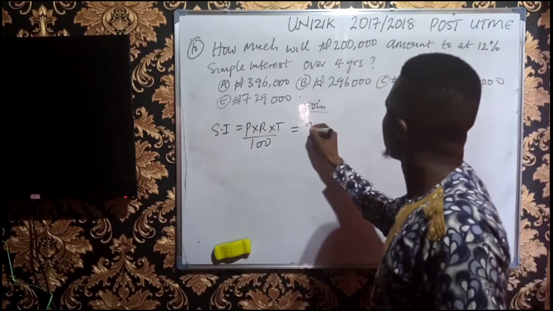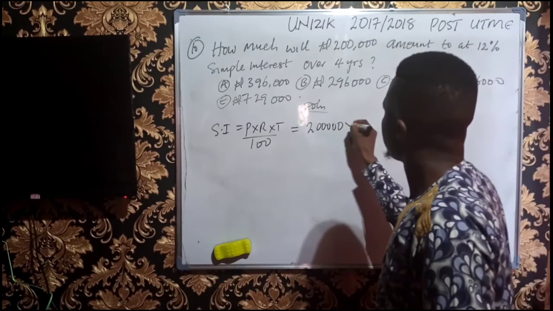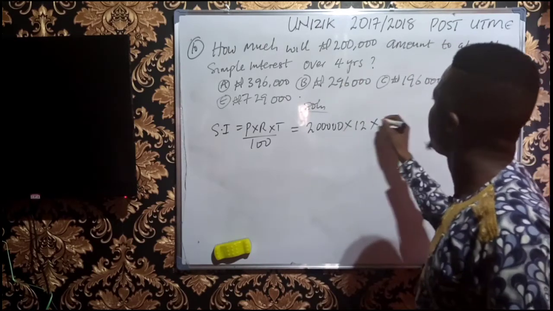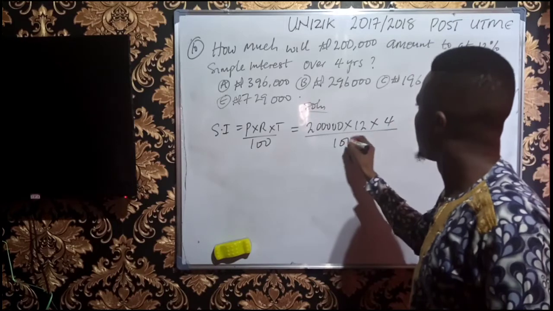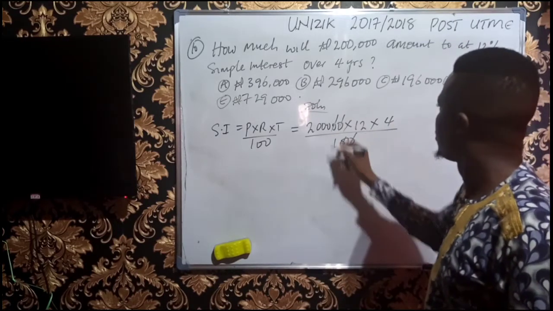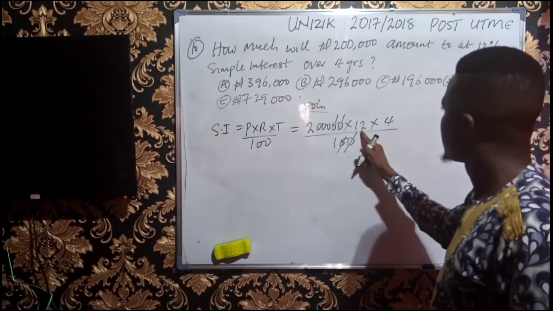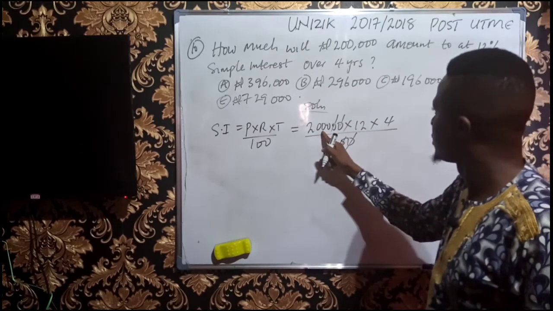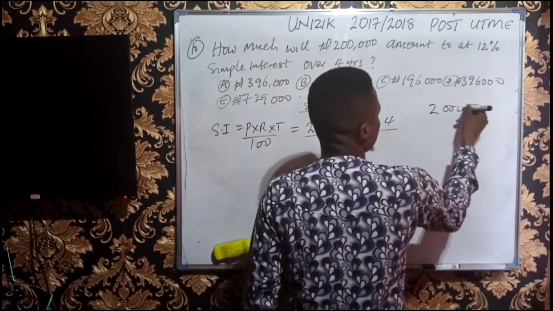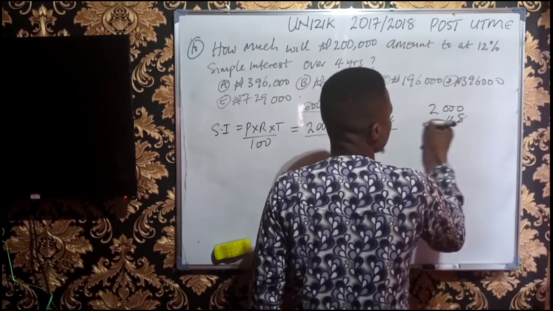So principal is 200,000 times the rate of 12% times time of 4 years, everything all over 100. So we cancel the zeros, and have 4 times 12 is 48. So we have 2,000 times 48.